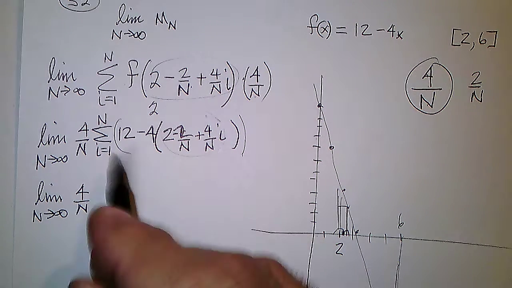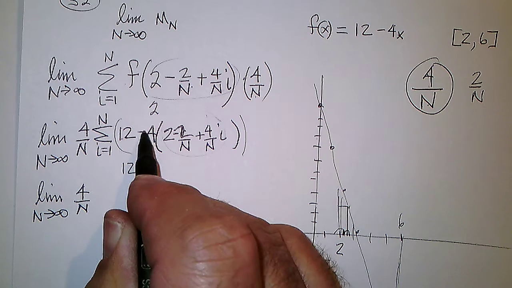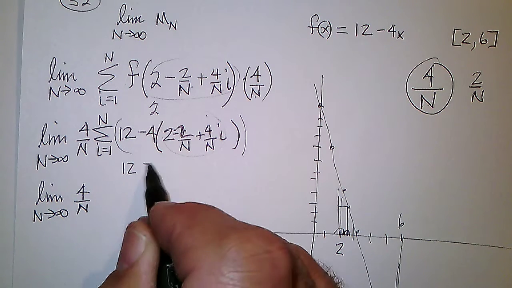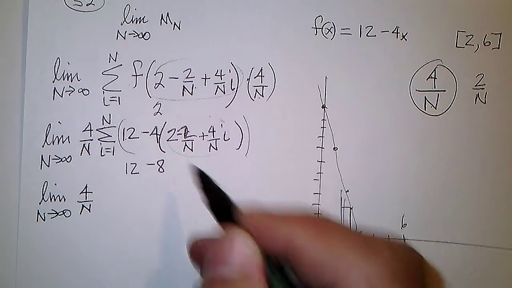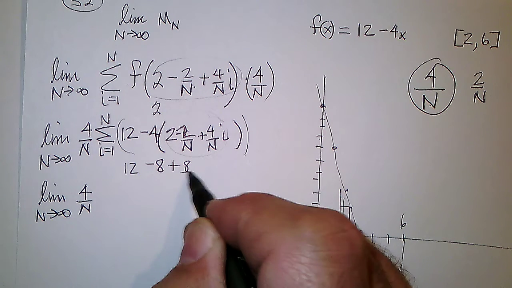So I'm going to have 12 minus 4 times 2 is minus 8. Minus 4 times minus 2 is plus 8 over n.